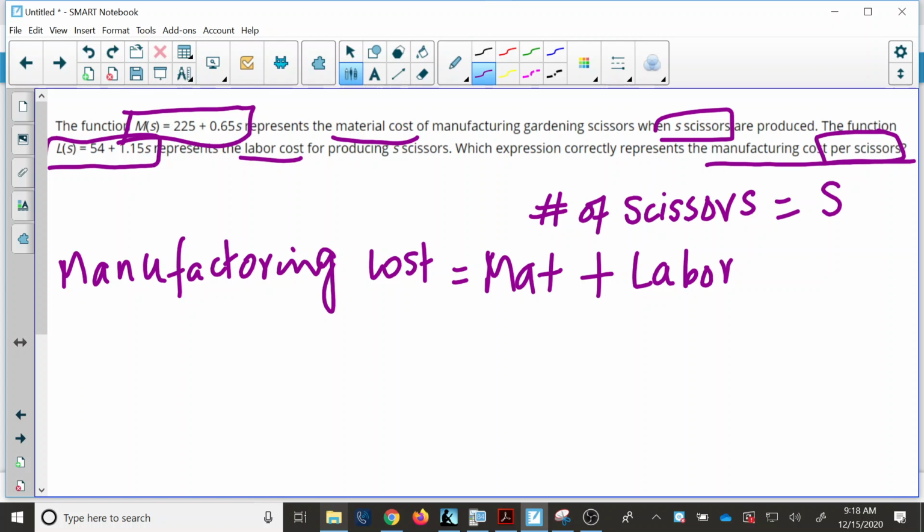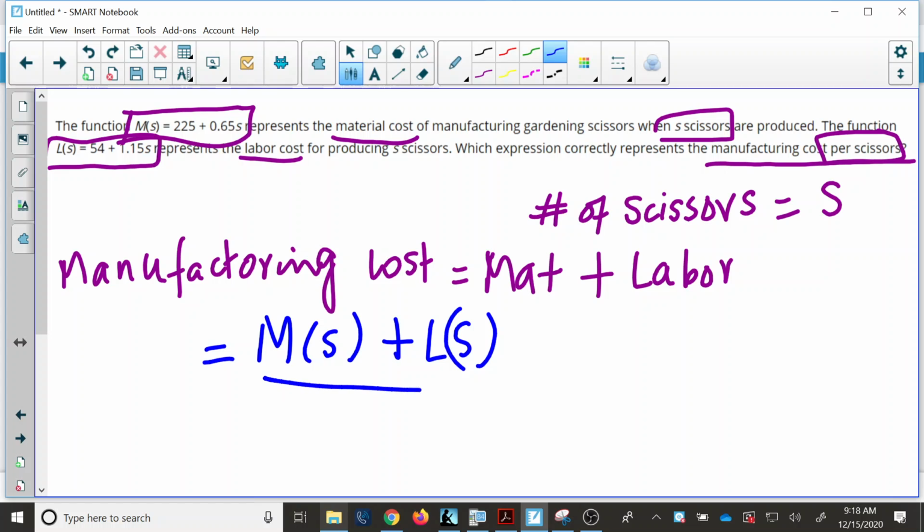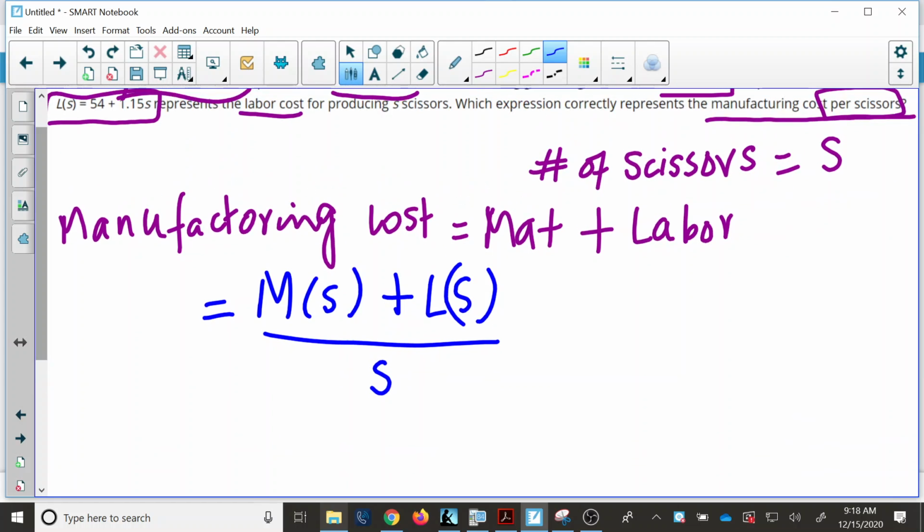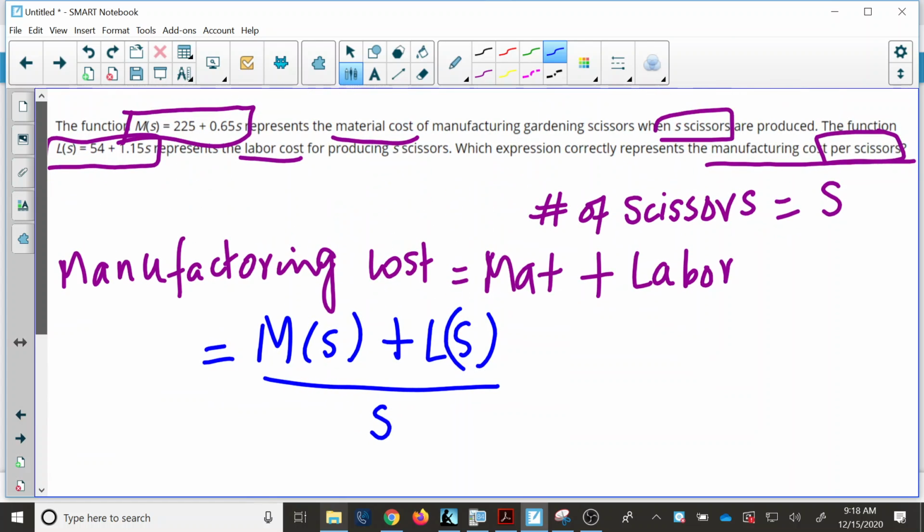So I'm going to add these two functions. The first function is m of s, that's the material cost, and L of s is the labor cost. And this is the total cost, okay? Now per scissor means you have to divide by the total number of scissors. So that's the answer. All you need to do is plug in the functions.